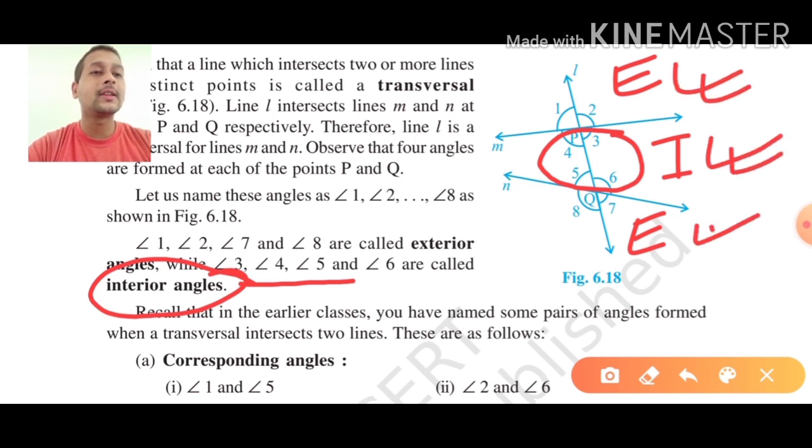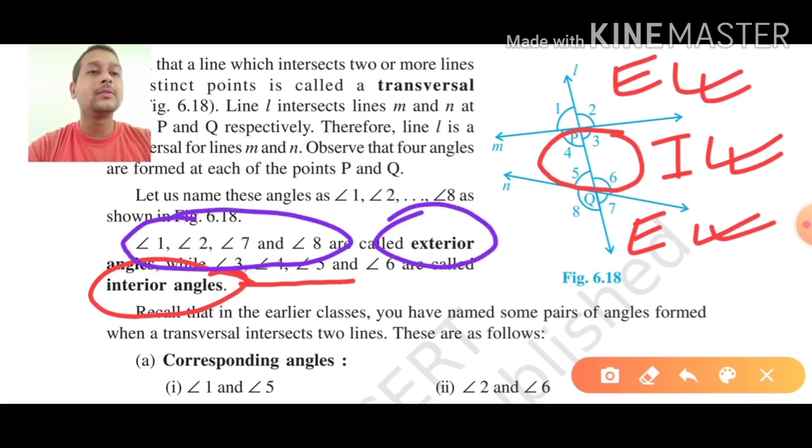What are the exterior angles here? 1, 2, 7 and 8 are exterior angles. 3, 4, 5 and 6 are interior angles.